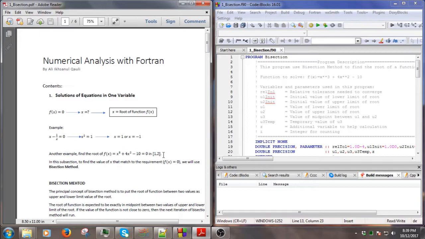To find the solution numerically, we can use a lot of methods. This time, we will discuss the bisection method.